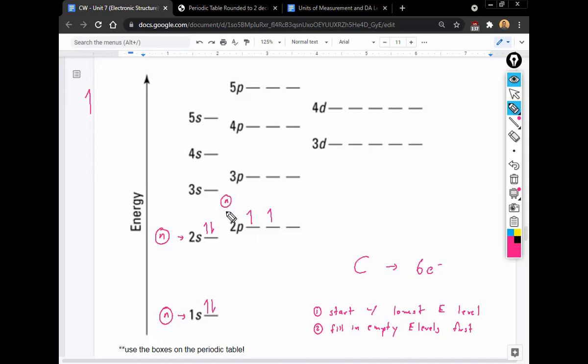Like we said, carbon only has 2 shells, so the highest number for n that we can have is 2. The next number, the subshell, is denoted by S and P. These tell us the subshell, so these are the L values. There's an S subshell and there's a P subshell.